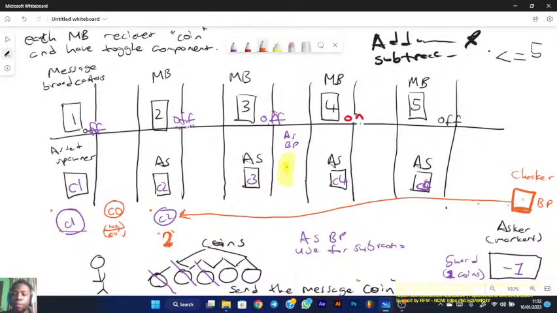This message kills the checker and sends it back to the starting point. So now you know you have 2 coins.